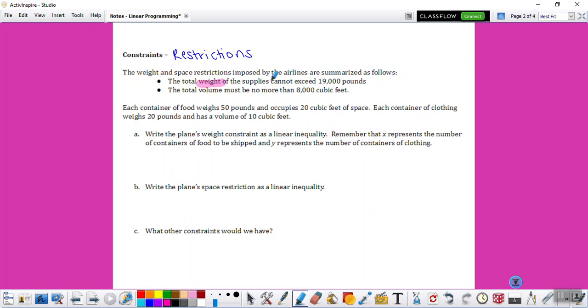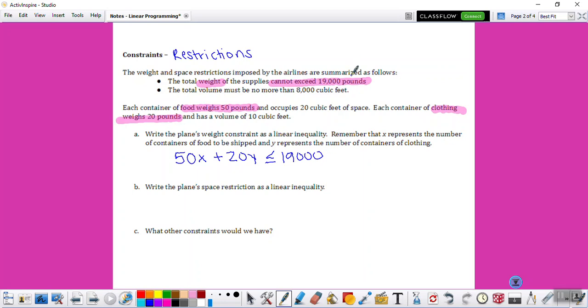The weight cannot exceed 19,000 pounds. Food weighs 50 pounds. Clothing weighs 20 pounds. So if we were to write that as a linear inequality, we know that 50x plus 20y has to be less than or equal to 19,000.